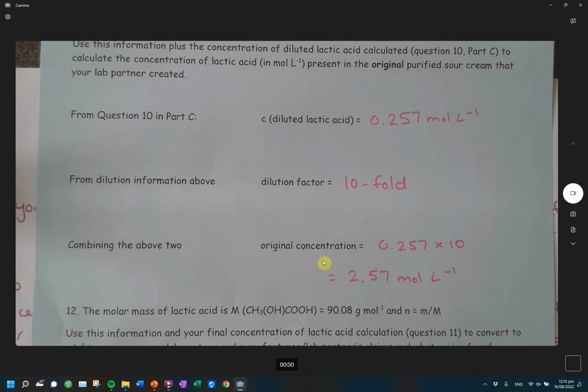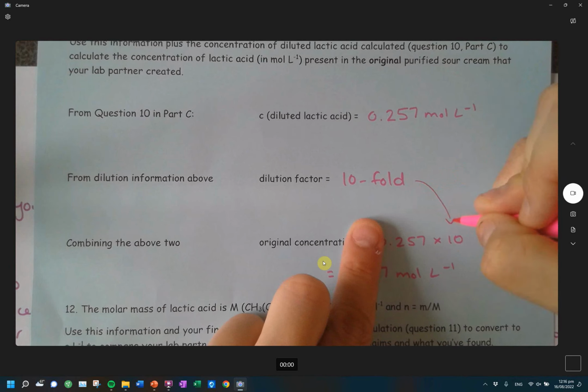If I did a full dilution like we did the other day, what would you be multiplying it by? If I did a 4-fold dilution, I'd be multiplying it by 4. If you did a 5-fold, multiply by 5. Does that make sense? So you're multiplying it by your full dilution.